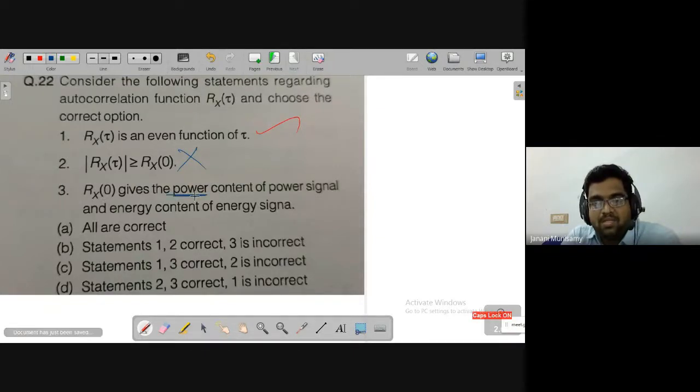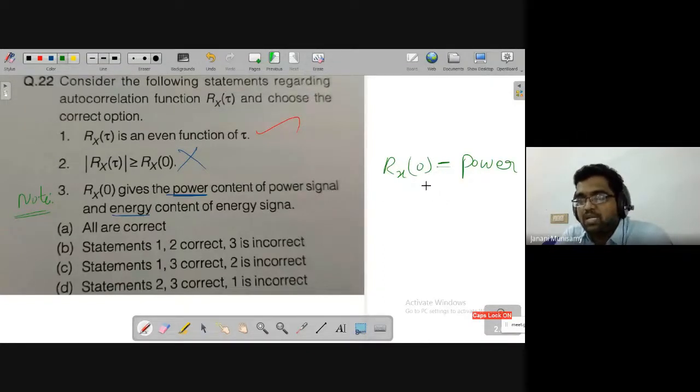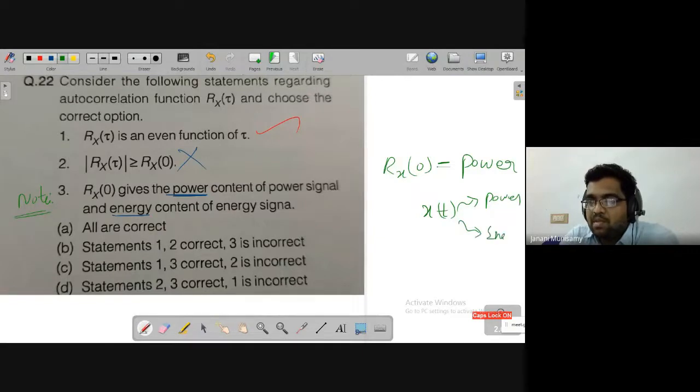Then the third one, Rx of 0, if you put 0 instead of tau, gives the power of the signal if it is a power signal, or the energy of the signal if it is an energy signal. Here we have to make a note. In the last class, I told you Rx of 0 will always give power, but it will give energy also, because we do not know the nature of the signal. Whether the signal is deterministic or random, x of t may be a power signal, or it may be an energy signal. If it is a power signal, you directly get the power.